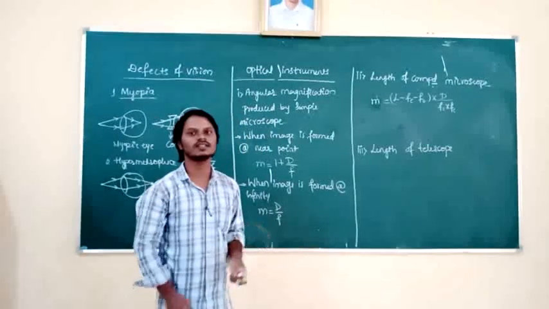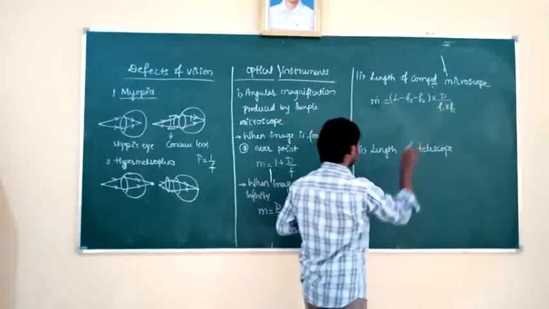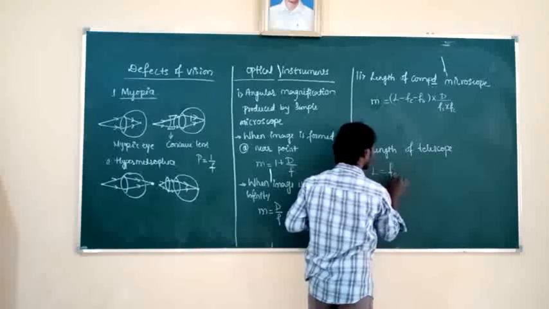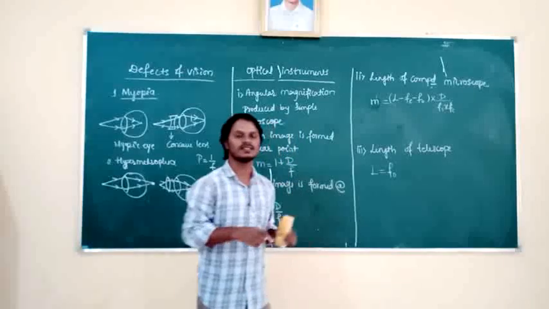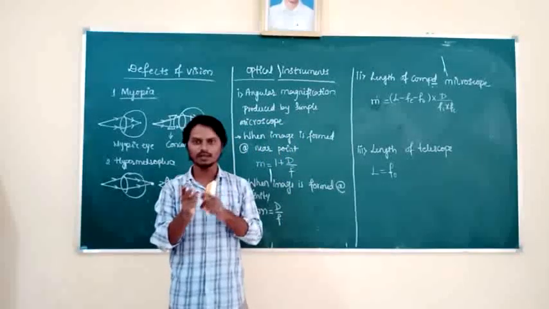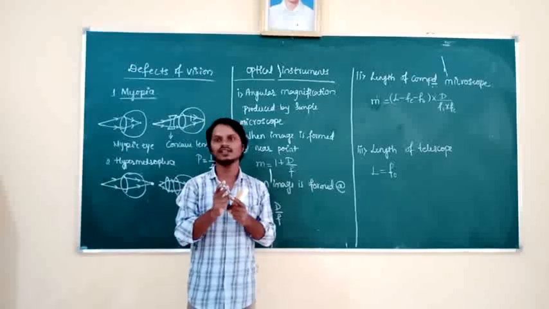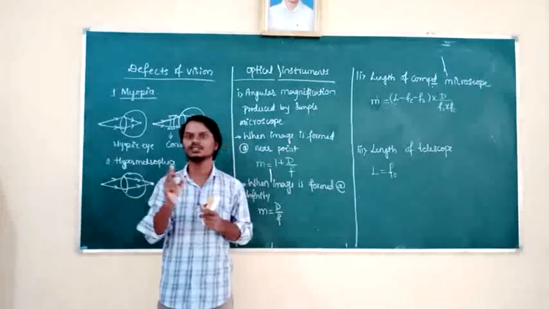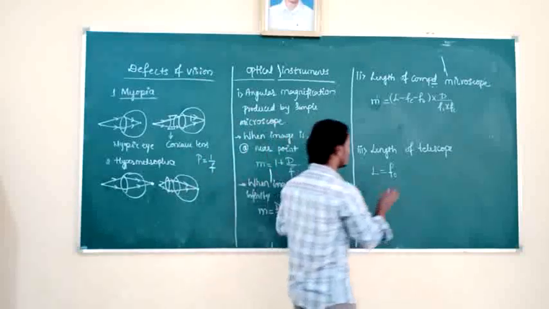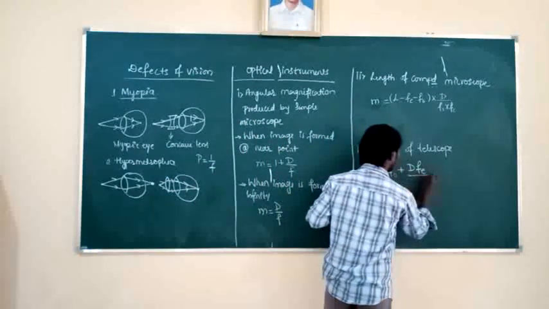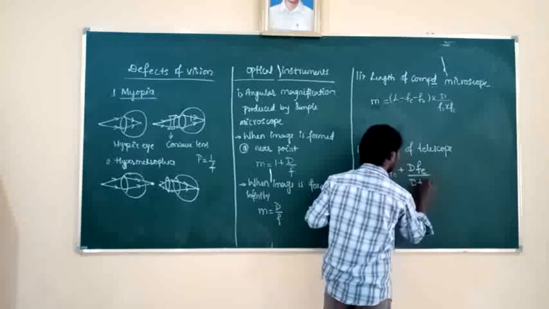Then next, length of the telescope. How to determine the length of the telescope here? L is equal to Fo plus D into Fe divided by D plus Fe.